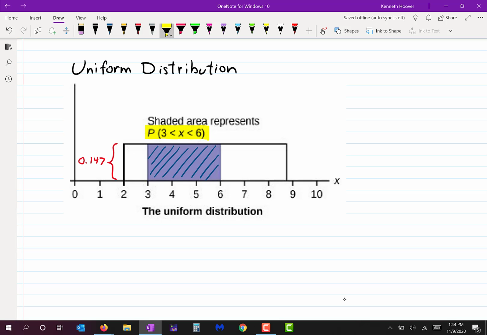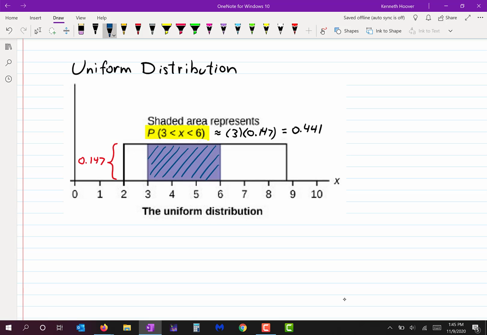Based on the height of about 0.147, this probability would equal approximately 3 times 0.147, which equals 0.441.